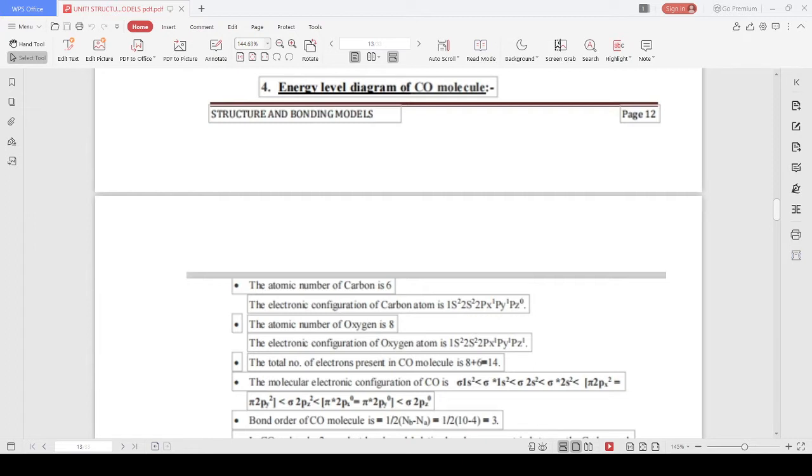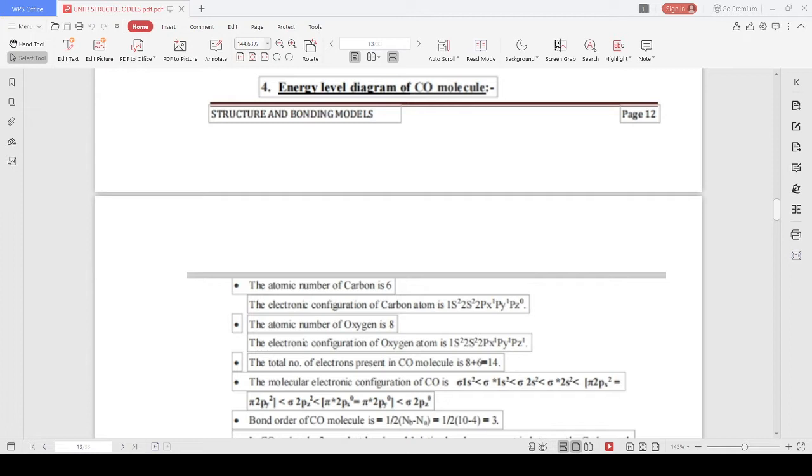Molecular orbital theory was explained in the last class, and the energy level diagram of the carbon monoxide molecule remains. The hydrogen molecule, helium molecule and oxygen molecule are already over.